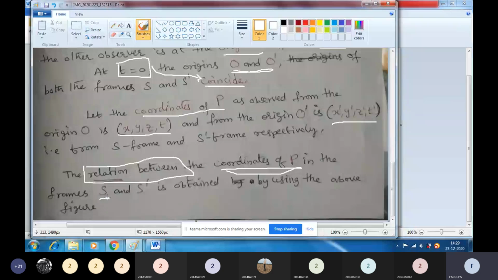We are having coordinates in the S frame as well as S prime. Here x, y, z, t are the coordinates in the S frame, and here x prime, y prime, z prime, t prime. Between these coordinates we are going to find the relation in this topic. Now let us go with the next page.